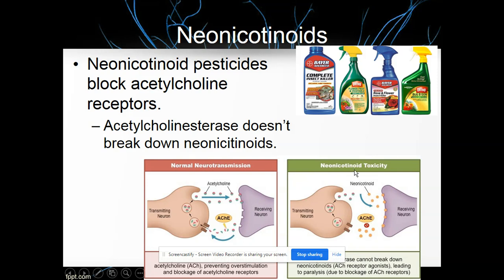But if we have neonicotinoid toxins in the way, these pesticide molecules look a little bit like acetylcholine. And so they're going to bind to the muscle cell receptors. But what's interesting about these neonicotinoid pesticides is that acetylcholine esterase, this enzyme, doesn't do a lick of good to break them down.